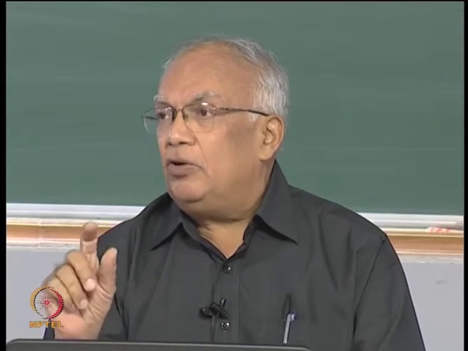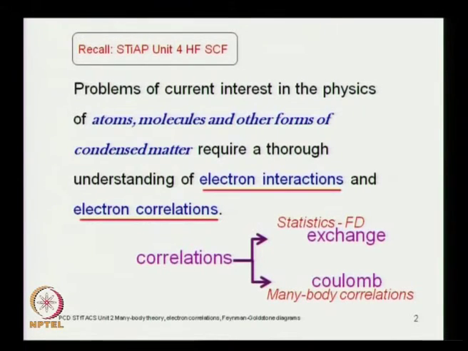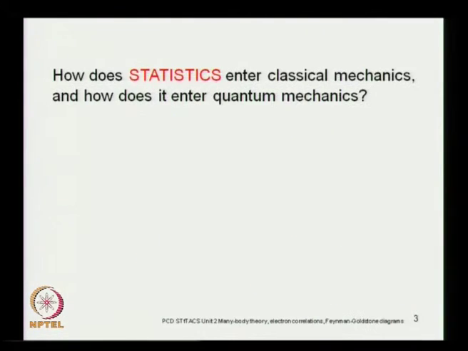So there is a certain correlation coming in from statistics. In addition to that, there is a correlation which is the Coulomb correlation, which is not included in the Hartree-Fock formalism, and that is the one that we are going to talk about, and that is a result of what we will refer to as many body correlations or many electron correlations.